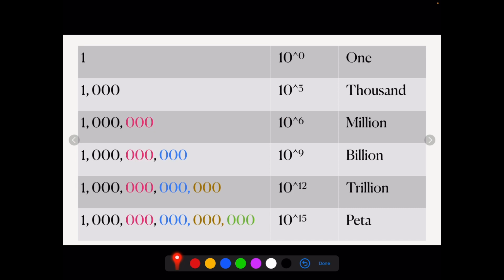Similarly for billion, if you see the pattern, we are adding 3 additional trailing zeros. So if we add 3 zeros to a million, it becomes a billion. Similarly, adding 3 zeros to a billion, it becomes a trillion. And then it goes like that. We can get peta also.